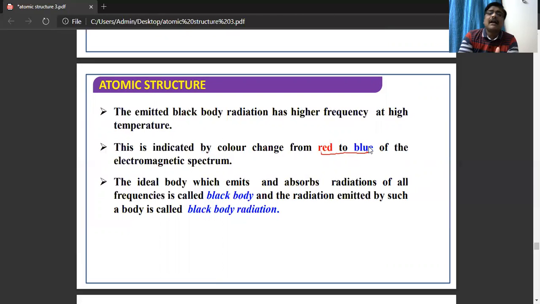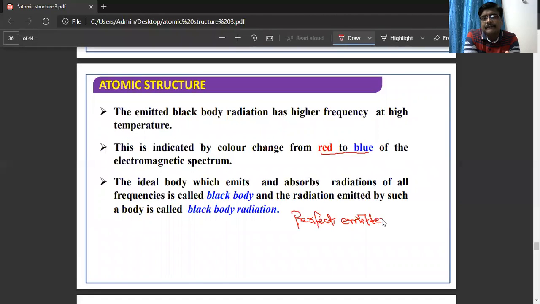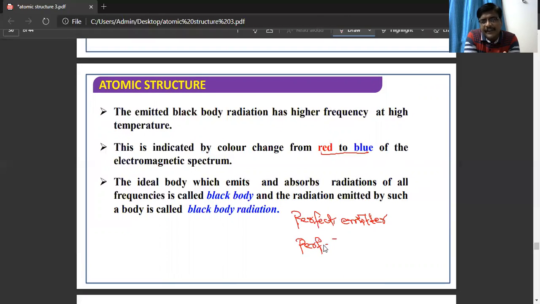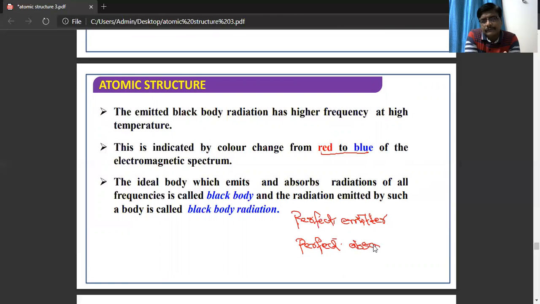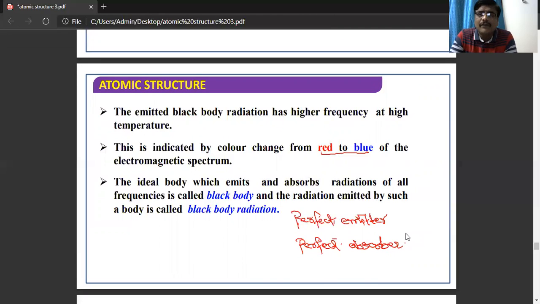It is considered a perfect emitter as well as a perfect absorber of radiation.